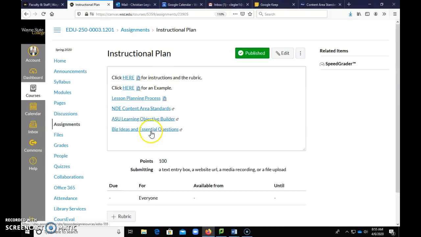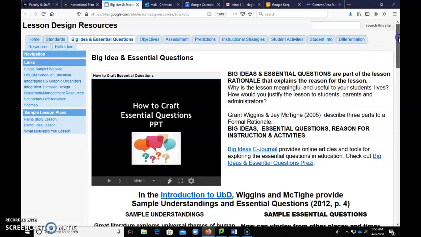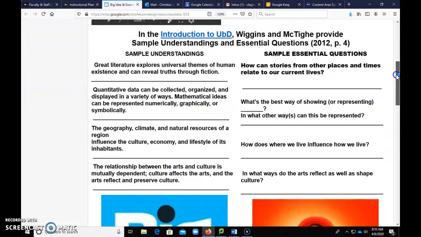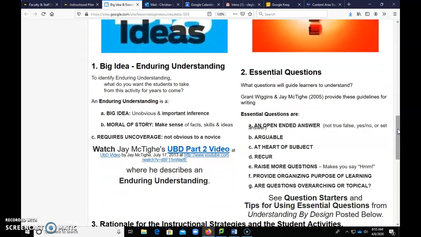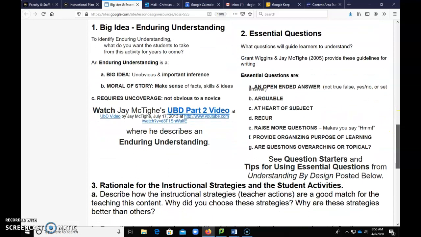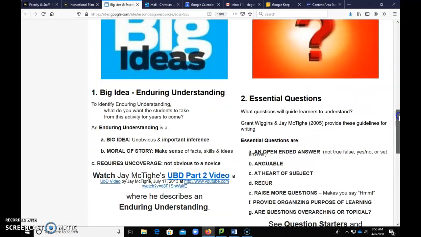Also on that lesson plan, you'll notice that there are big ideas and essential questions. Remember that big ideas are kind of an overarching idea that encompasses the whole lesson. It's kind of a statement. And so this link will give you some background on big ideas.